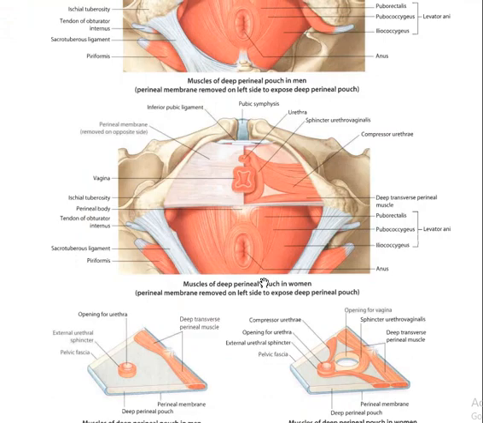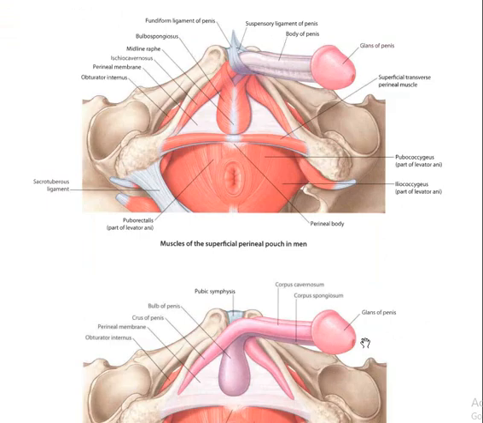So this is what is going to be found in males, and this is what is going to be found in females: the sphincter urethrovaginalis and the compressor urethrae. While in males, you only have the external urethral sphincter. In females, you have three muscles, so additional two muscles: the compressor urethrae and the sphincter urethrovaginalis.